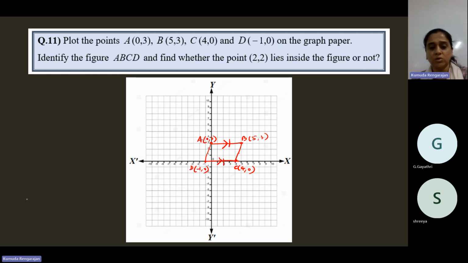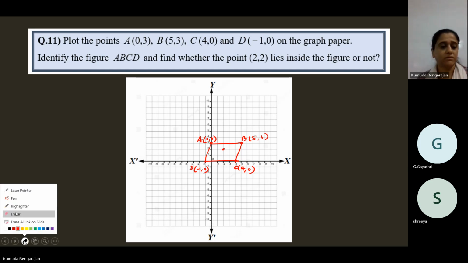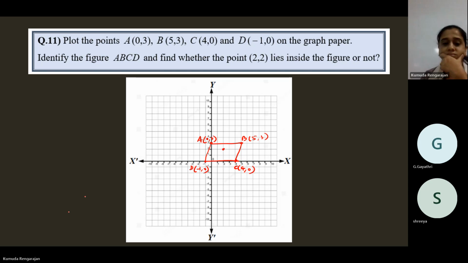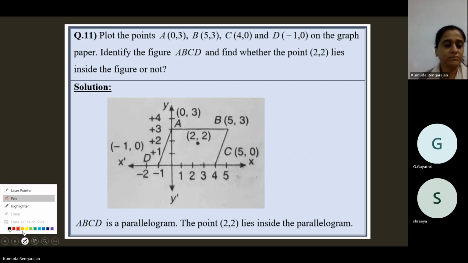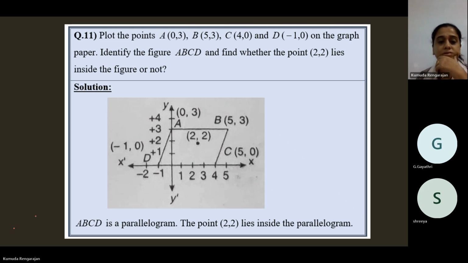And 2, 2, yes, it lies inside the figure. Correct? Sorry? No. All right. Okay.